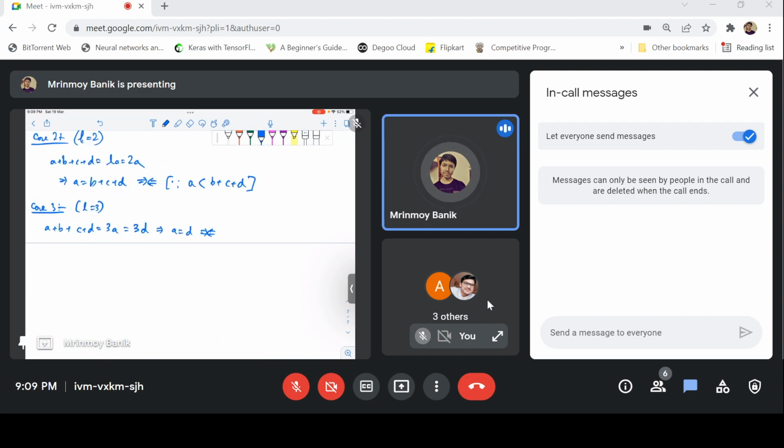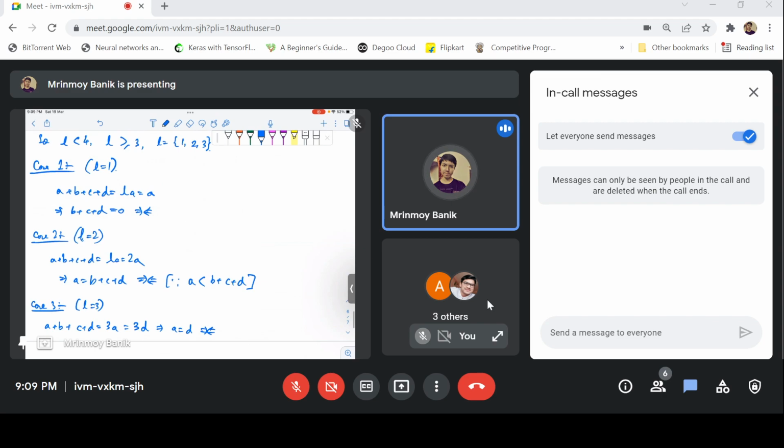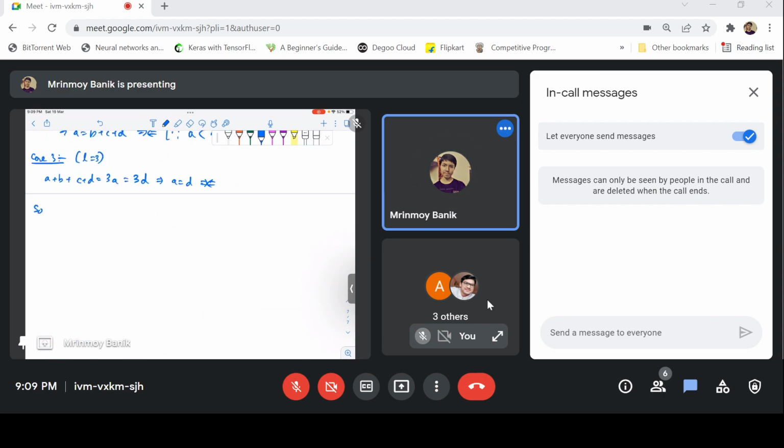Since D is the largest number, L has to be less than 3. So in all three cases we arrive at a contradiction. So by contradiction, A, B, C, D are not all distinct. Proved.